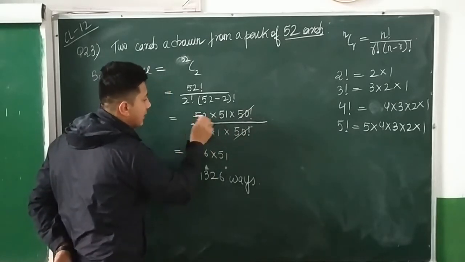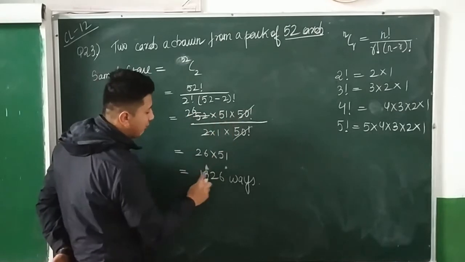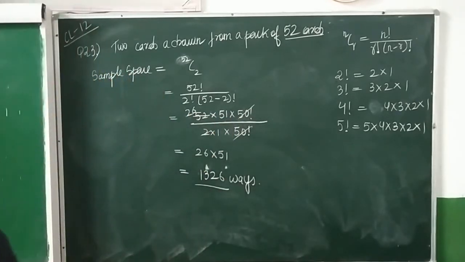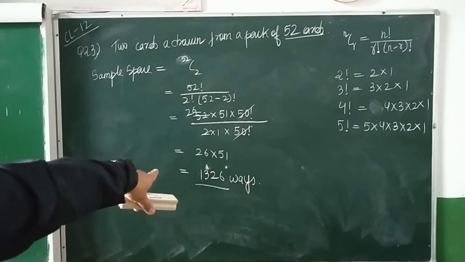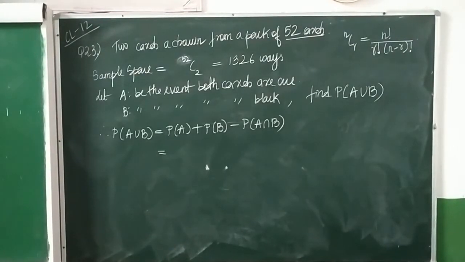So 2 ones are 26 times, and if you multiply 26 into 51, we get 1326 different ways we can draw 2 cards at a time. So this is going to be my sample space. Pause the video and note it down.